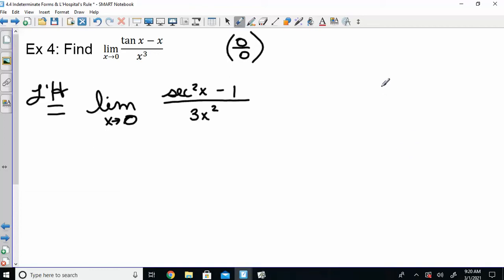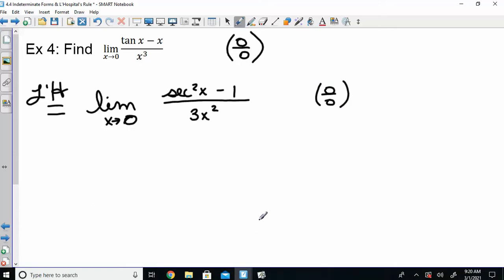Alright, if I plug in secant of 0, so that's the reciprocal of cosine. Cosine of 0 is 1, so that's 1 minus 1, so 0 over 0.